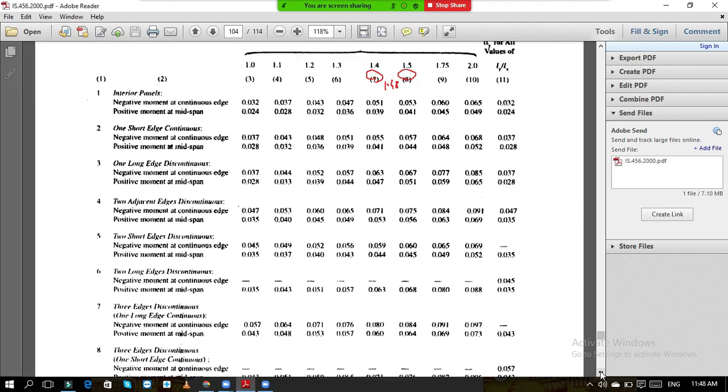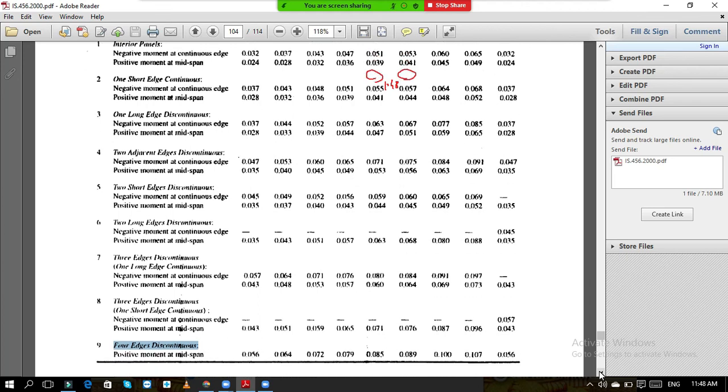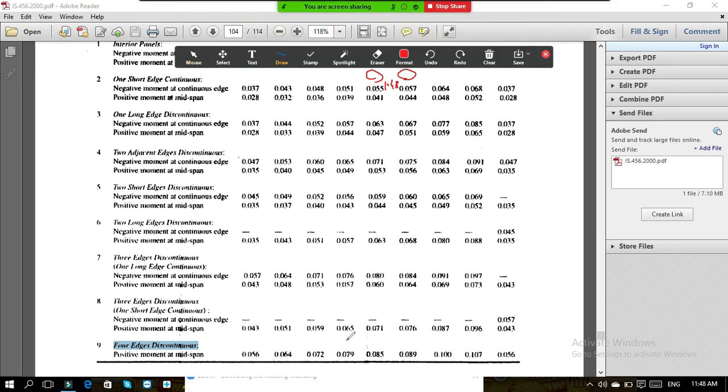If you come down, this is the value for alpha x: 0.079 for 1.4, and 0.085 for 1.5. Now we need to find out the value for 1.48.